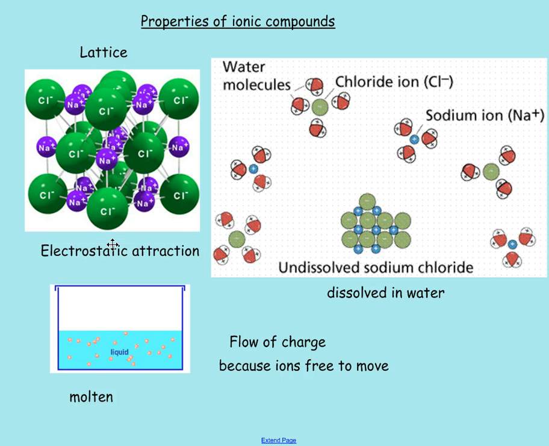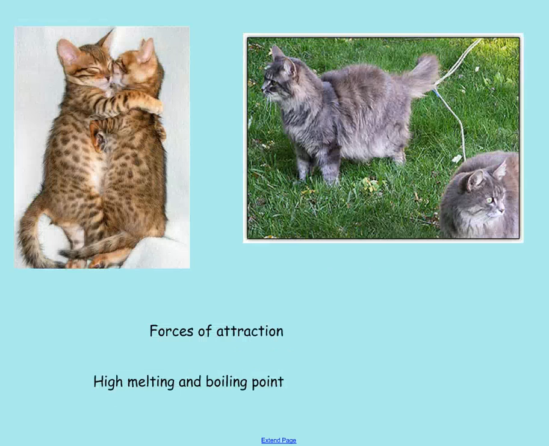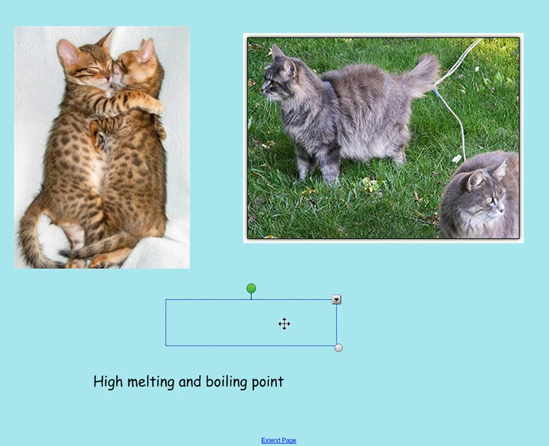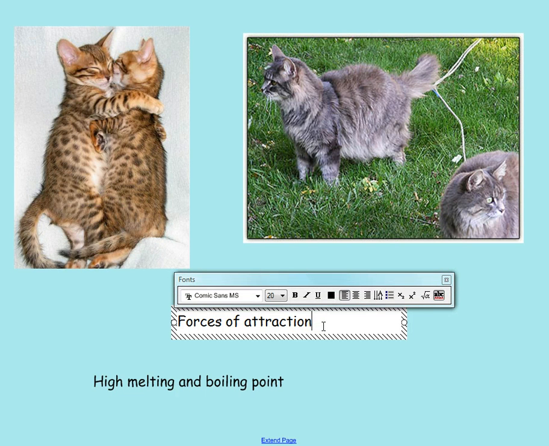That means they like each other. Electrostatic because one's given the other an electron, and these electrons are not moving, that's why it's static. So one electron's gone over there, they're not moving, static, and they're attracted to each other. Now, because of that electrostatic attraction, the force of attraction between the ions is really high.